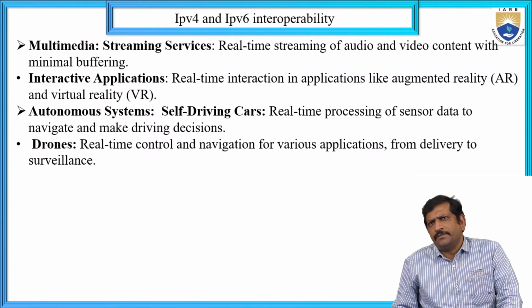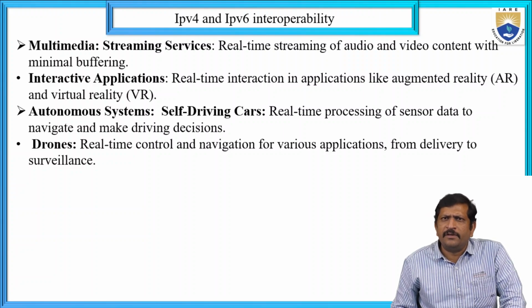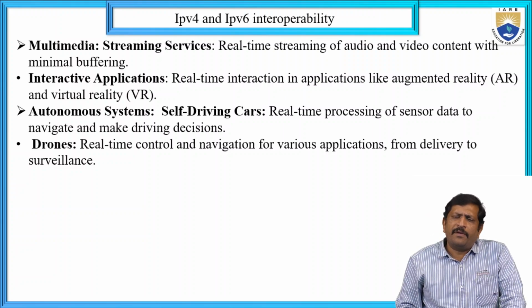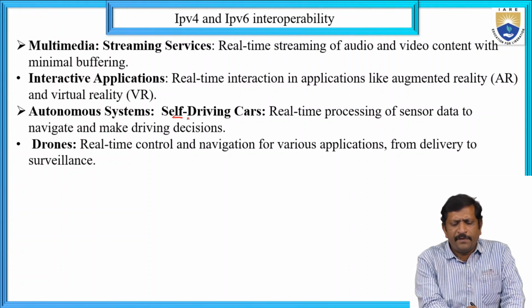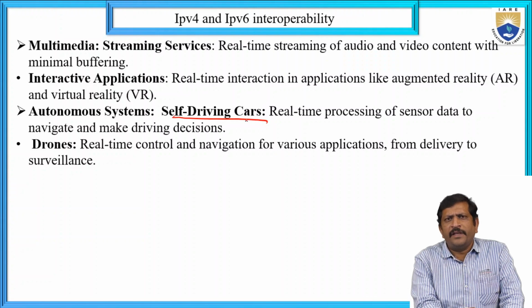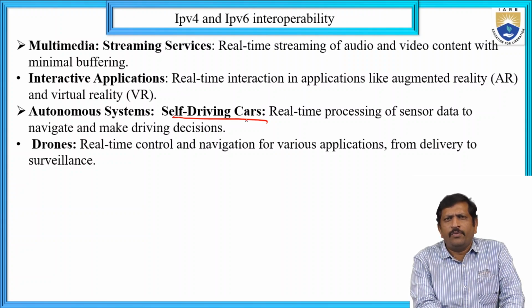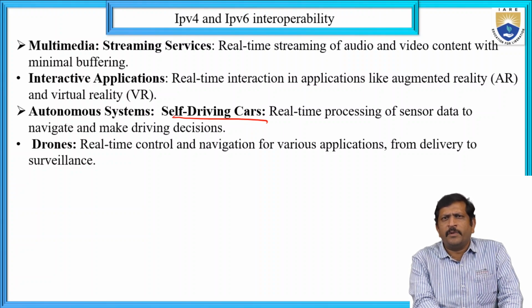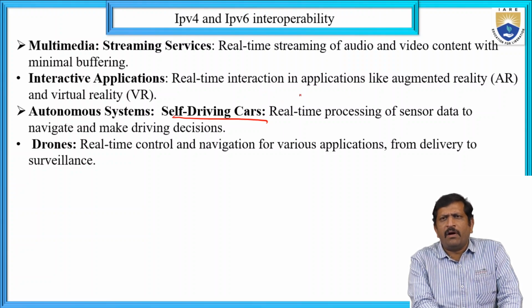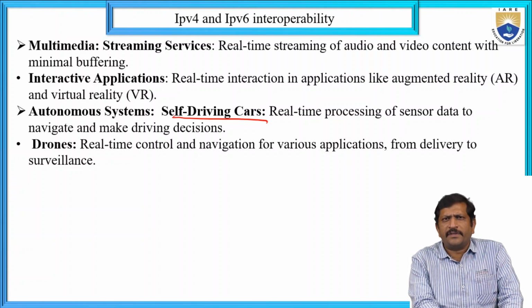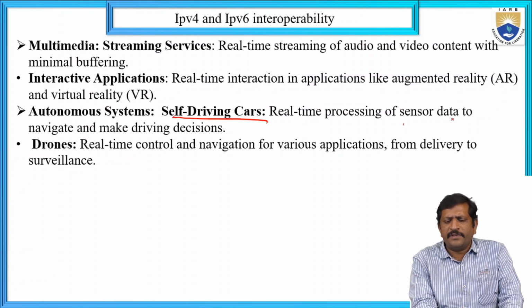Autonomous systems. Autonomous systems means self-driving cars, AI-based (artificial intelligence based) self-driving cars, or a metro system. So we can use IPv4 and IPv6 interoperability. So that is autonomous systems. Here, when a self-driving car processes in real time, we are using sensor devices.